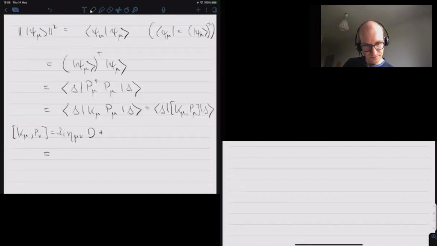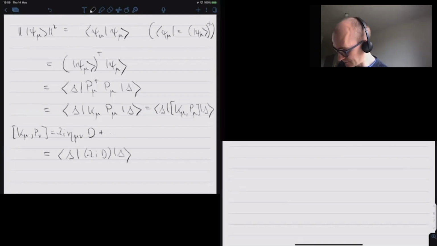So what I get is delta, minus 2i with a minus sign, D times delta. And D acting on delta gives me i delta. So I get 2 delta times the norm of the state delta squared.